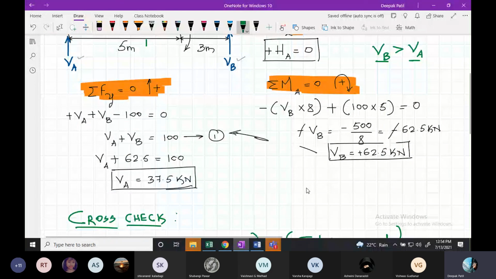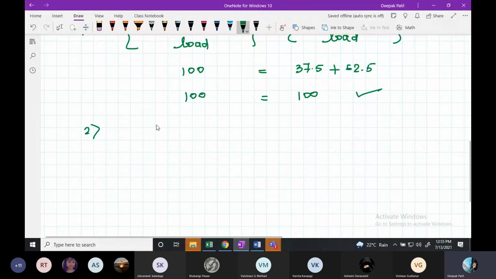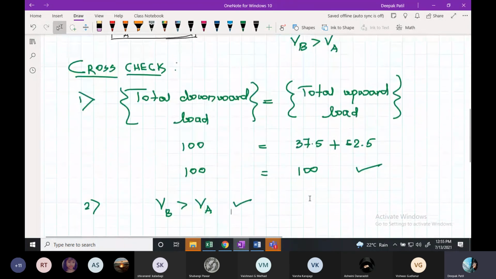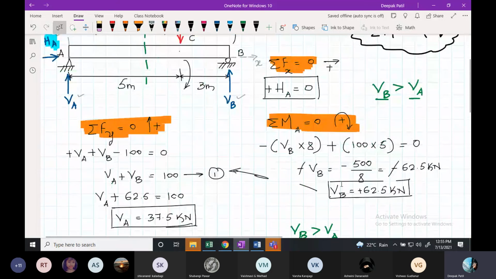VB is 62.5 and VA is 37.5. Hence, your VB reaction is more than the VA reaction. Since VB is more than VA, the second cross check is also OK. So when these two cross checks are correct, it means your answers are 100% correct.